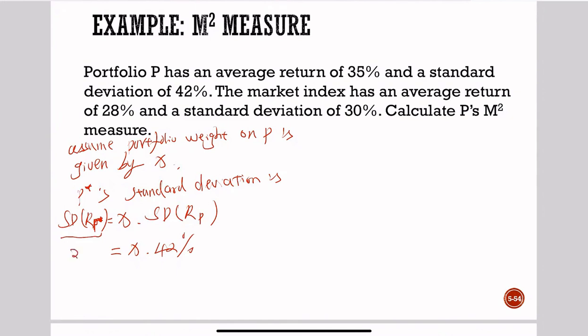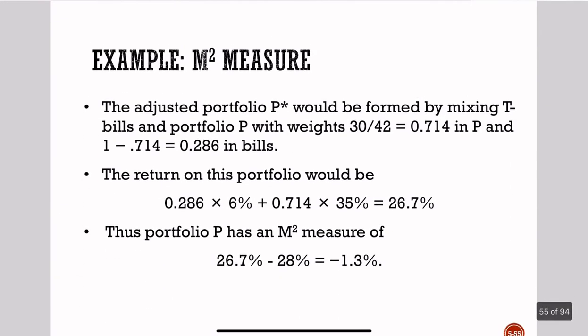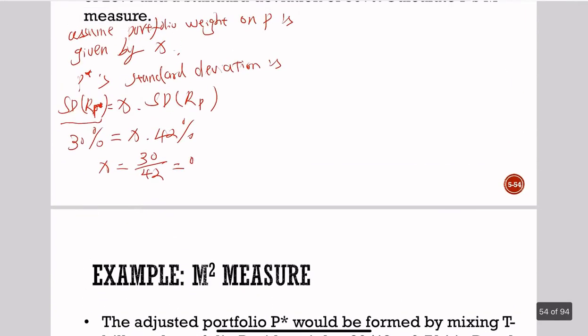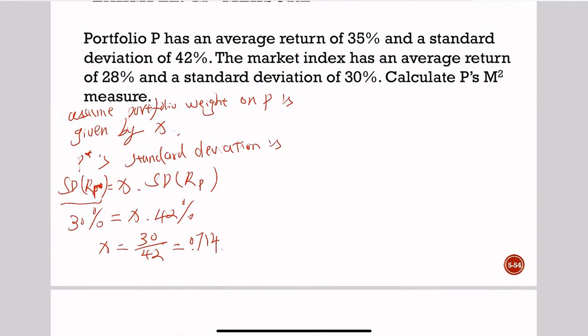So we should have 30% here. This implies X equals 30% divided by 42%, which is what? So it's 0.714. And now we could calculate portfolio P star's return.